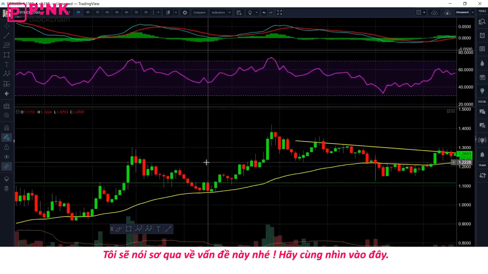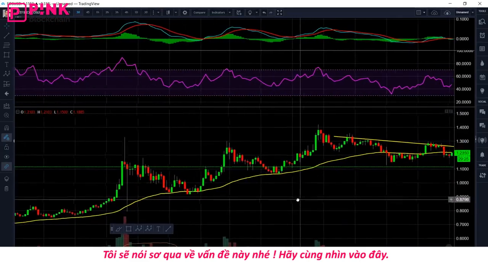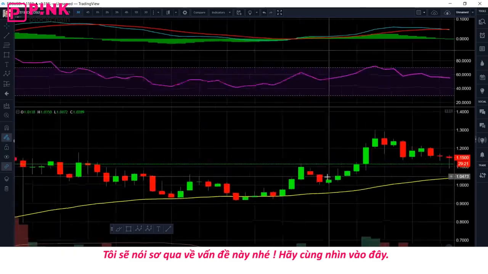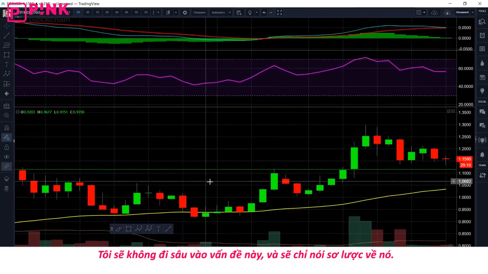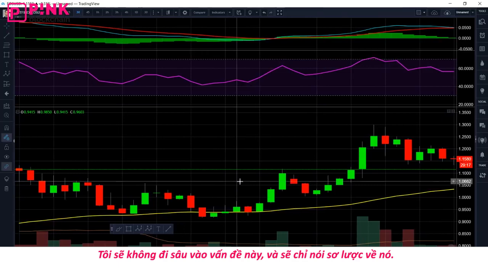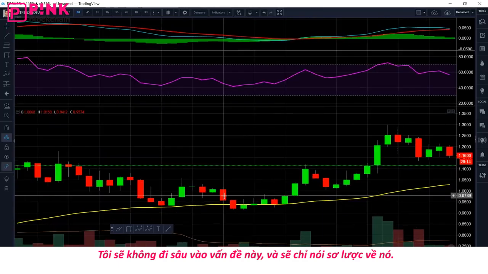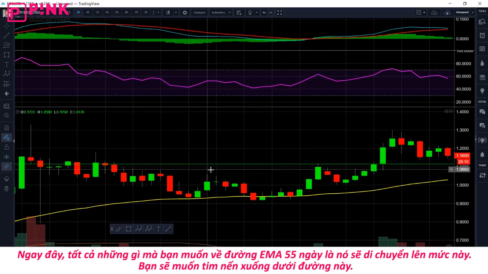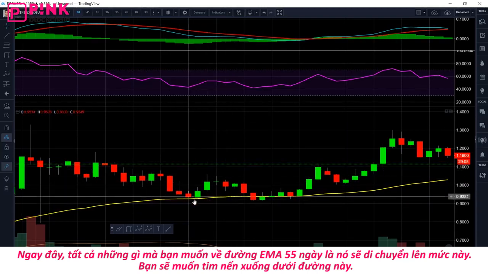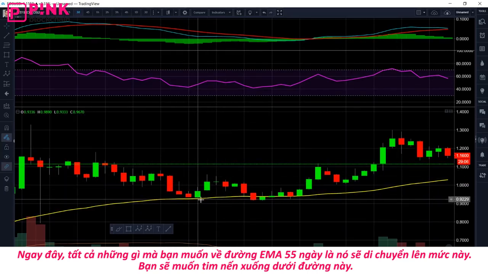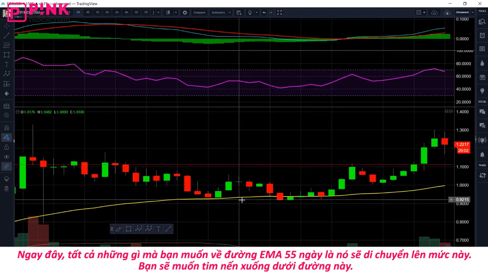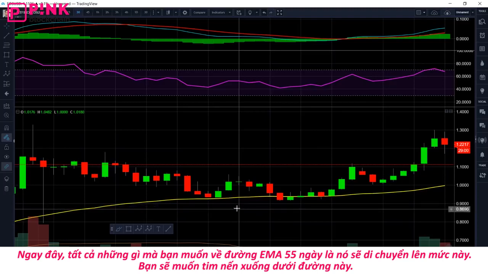For example, we can look at it right here, okay? I'll talk about it in great detail right now actually, or not great detail, but just enough, okay? So what we want on a 55 moving average is we want it to bounce off of there, okay? Here, you don't really want to play this one because what you want, guys, is you want a wick to poke through the 55 EMA, okay?